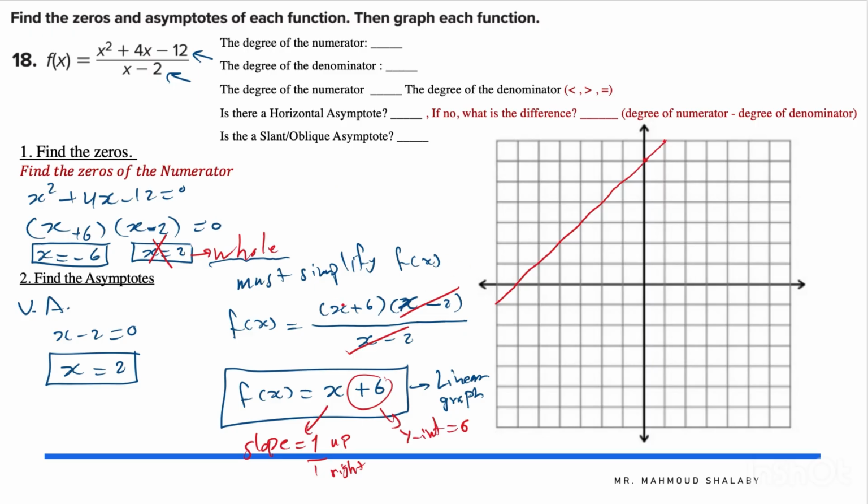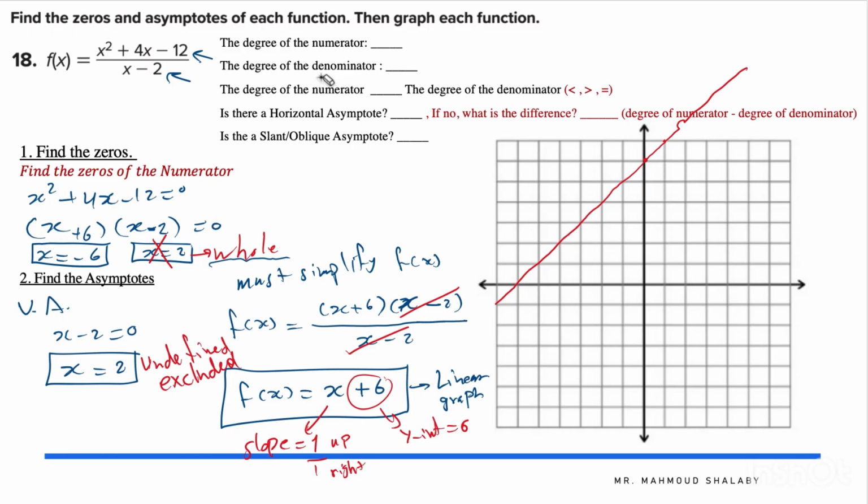Now what happens, we know that the function is undefined, an excluded value, when x equals 2. So I will go to 1, 2, all the way up the graph. Imagine, يا شباب, that we extend this graph. When x equals 2 you will go up, and you have to remove what is in the middle.